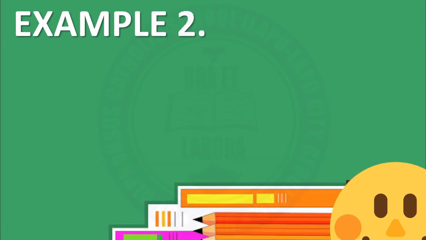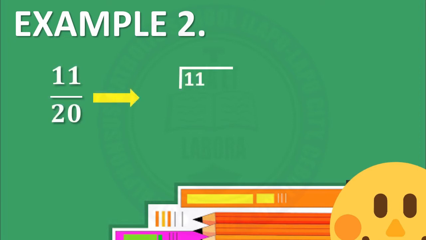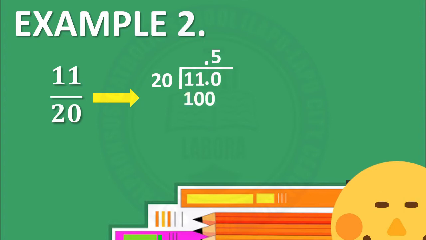Now let's have example number 2. 11/20. Again, divide 11 by 20. And as you can see, we cannot divide, so we will add a decimal point and add 0. Now let's divide. 110 divided by 20 is 5, and 20 times 5 is equal to 100. 110 minus 100 is 10.